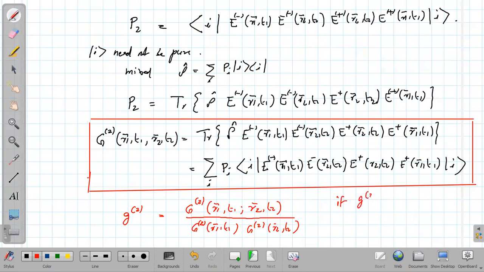So if g2 equals 1, then we say that the field is coherent in second order. We can also see that complete coherence is connected with factorization. If G2(R1 T1, R2 T2) equals G2(R1 T1) into G2(R2 T2), then g2 would be 1. So second order coherence is also connected with factorization.